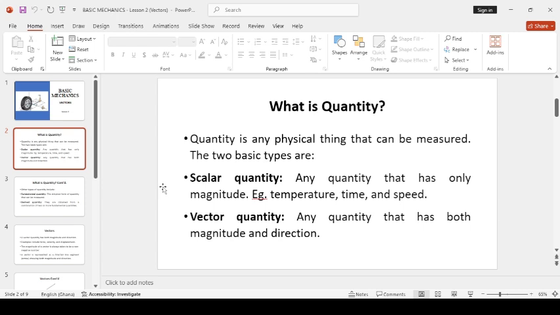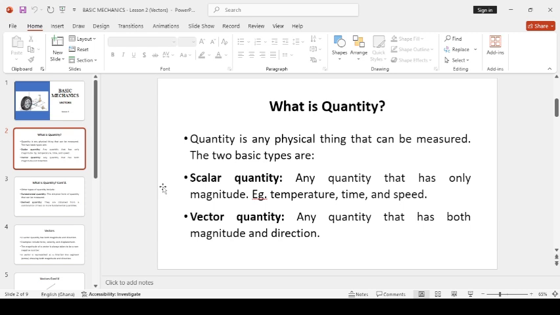When you say magnitude, we can talk about the volume, or the amount of that particular quantity that we want to measure. So scalar quantities only have magnitude.